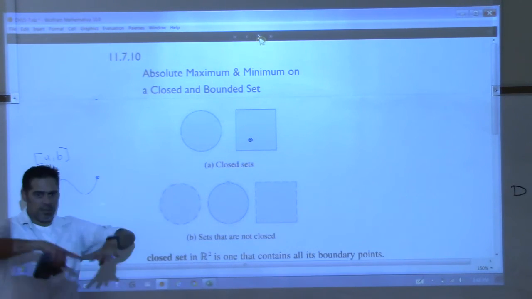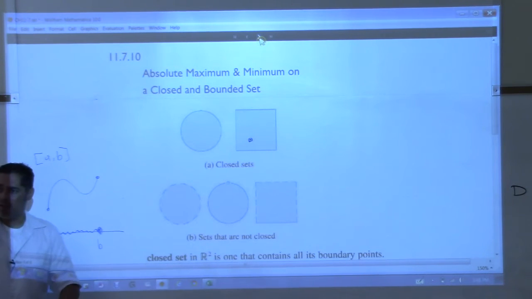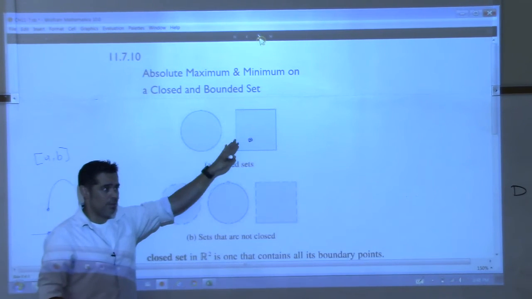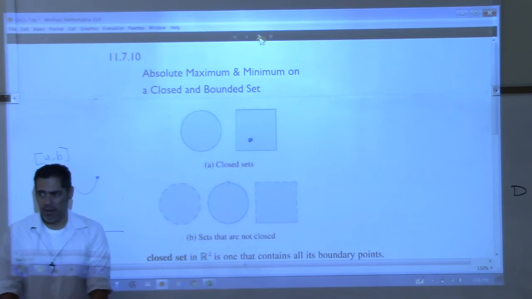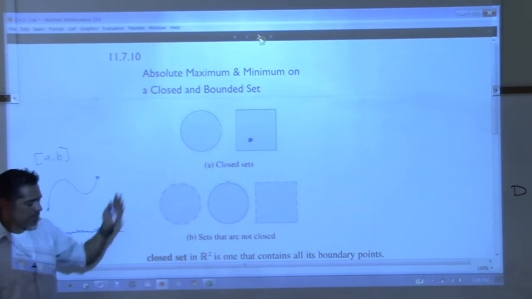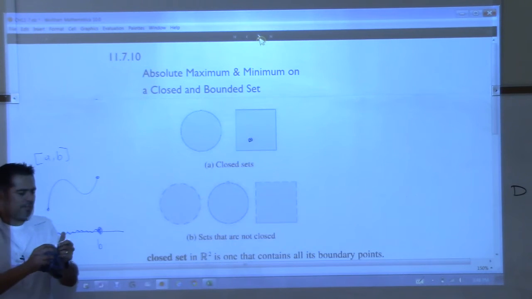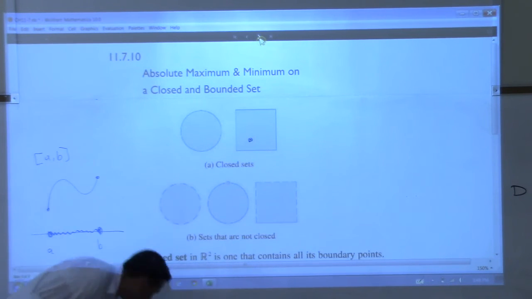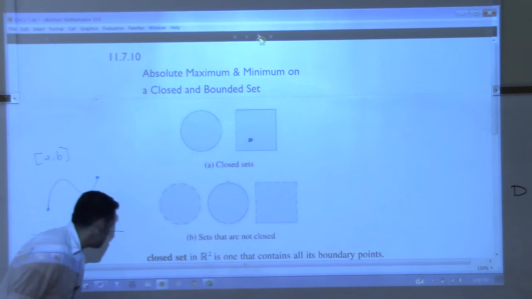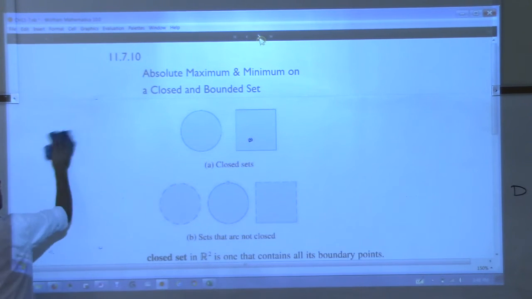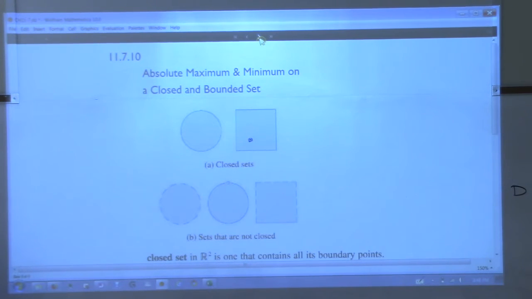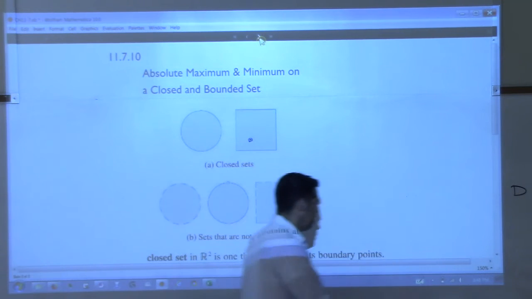Because our surface lies above the xy plane, our domain is a closed bounded set on the ground, all right? So we're imagining taking some closed bounded set, mapping all those points up into the surface, and then trying to figure out the highest and lowest point of the surface. So I have a visual for that. Should hopefully help a little bit.